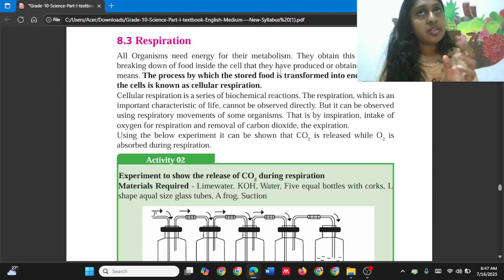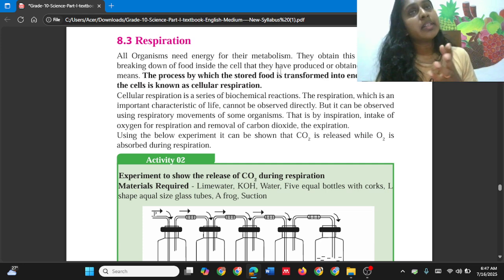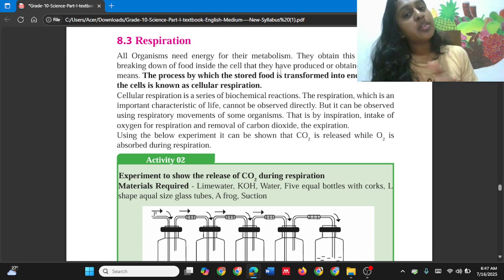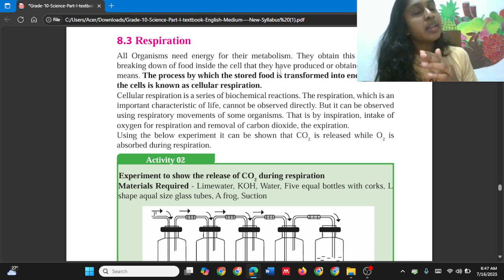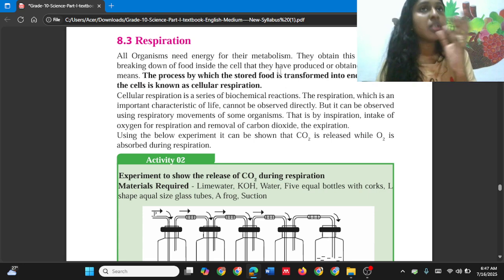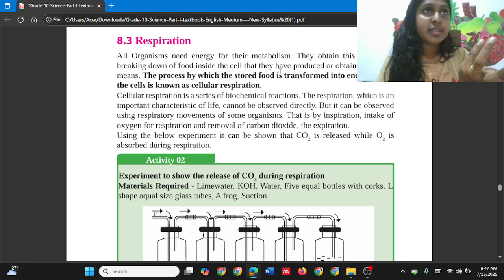In photosynthesis, you remember it's carbon dioxide plus H2O, using light energy and chlorophyll, produces glucose and oxygen. But in respiration, we take food, so it is glucose, and we inhale oxygen, so that glucose plus oxygen convert into carbon dioxide, water, and the energy.